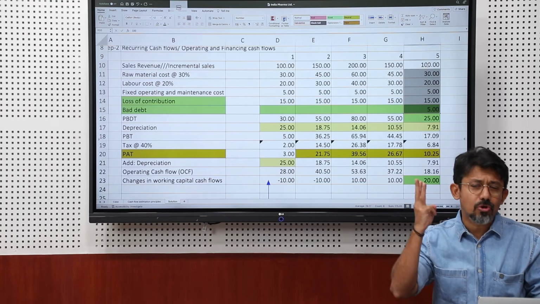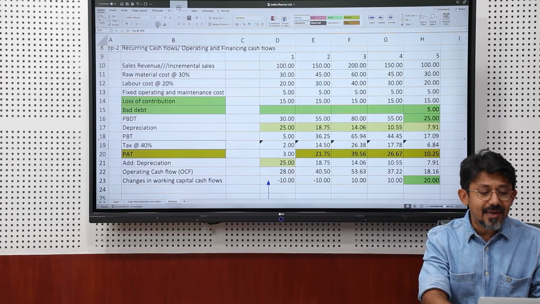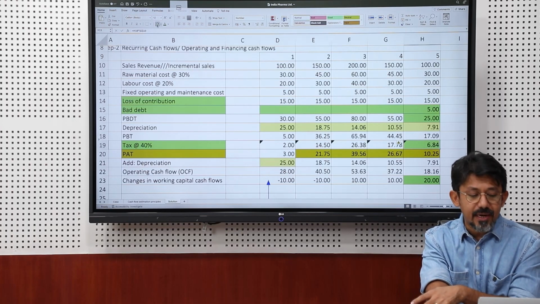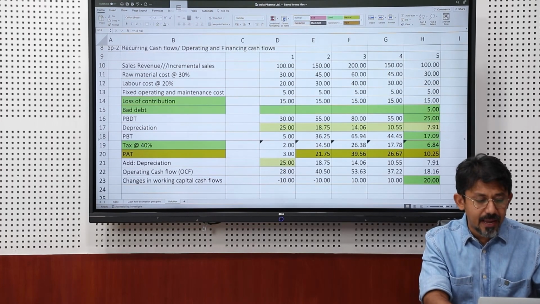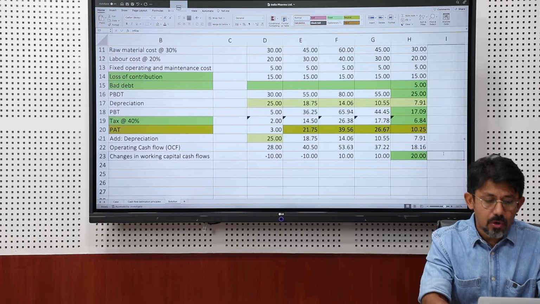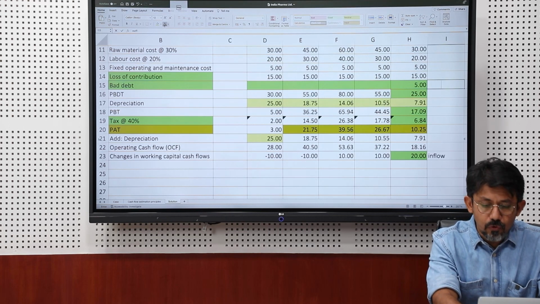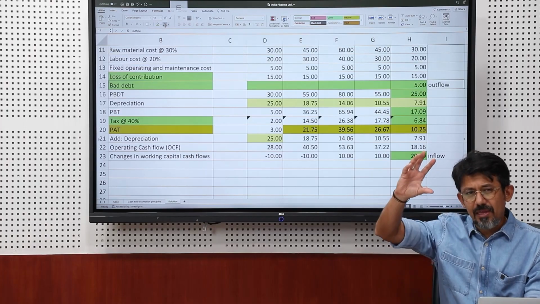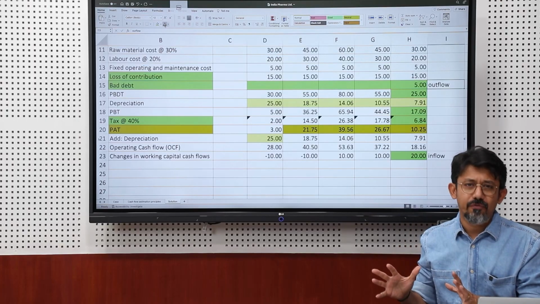So, my PBT is not 30 million, but it is 25 million, as a result of which my tax calculation is 6.84, because I am calculating tax on a PBT of 17.09. So, if I now look at my net impact, I showed an inflow of 20 million over here in the last year, and I am showing an outflow of bad debt of 5 million. So, 5 as an outflow, 20 as an inflow, the net impact has come down to 15.